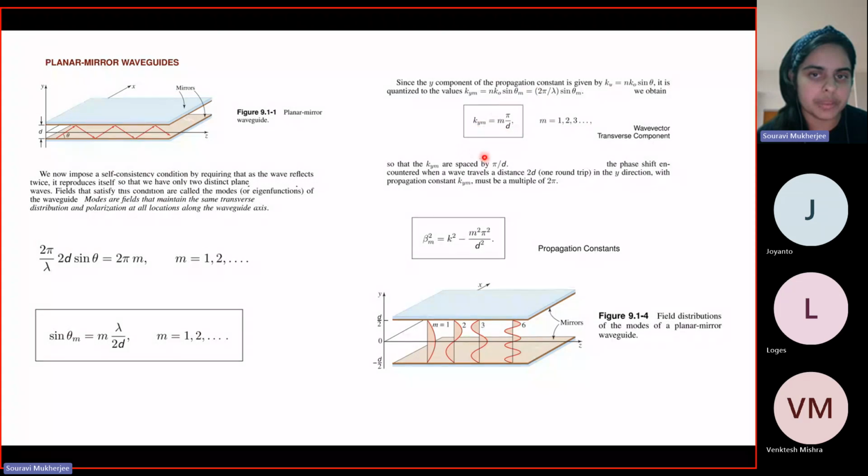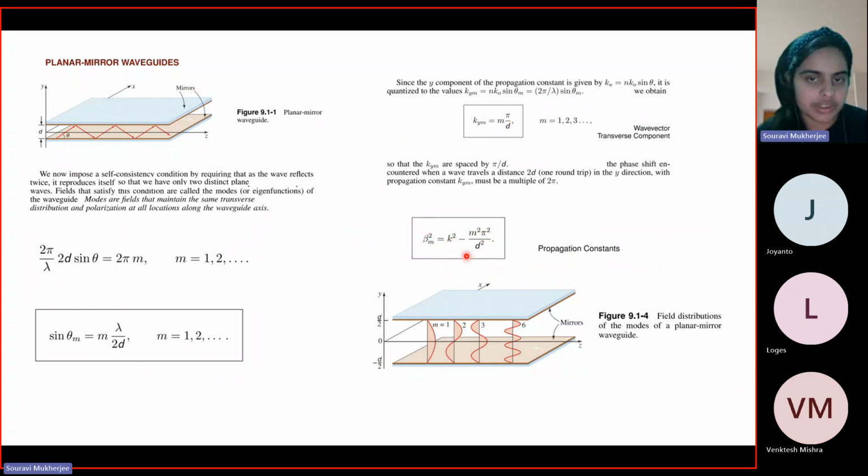And now you know that the net k squared is equal to ky squared plus kz squared. So the propagation constant can be written as kz equals the square root of k squared minus m squared pi squared by d squared. Basically, k is the net modulus of your wave number, this term is in the transverse direction, and this is in the direction of the propagation vector. Okay, so this is the expression for the propagation constant.